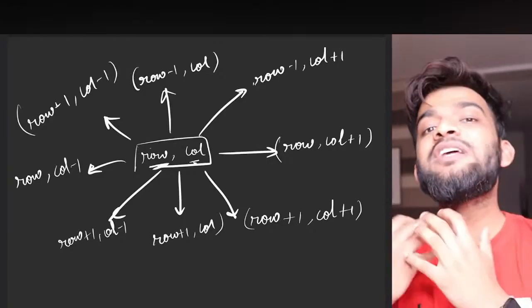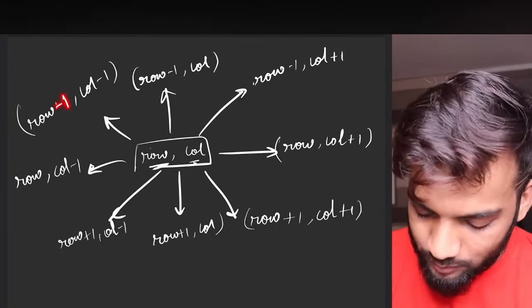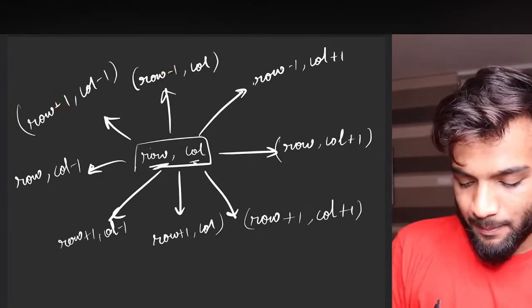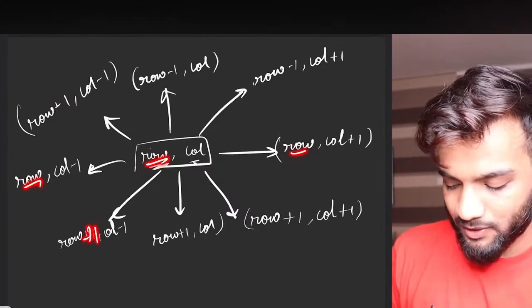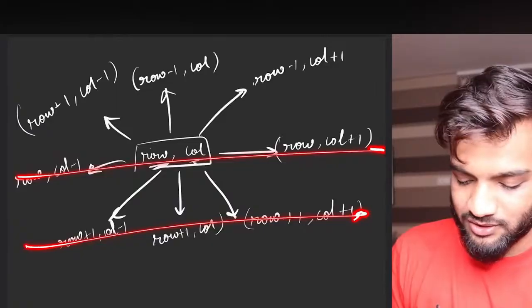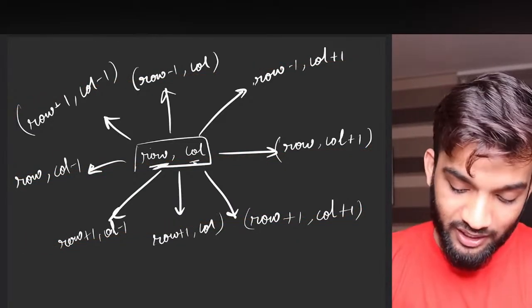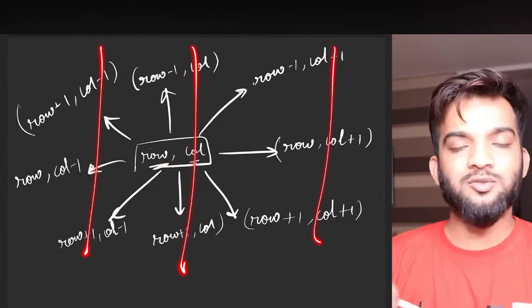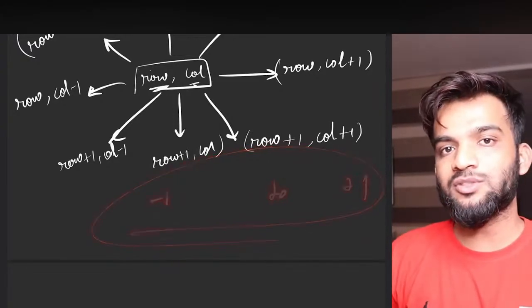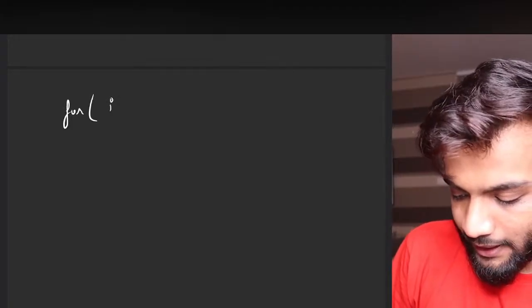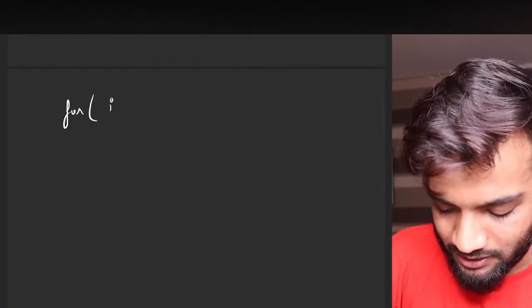Perfect. So if you carefully see, how is row varying? It's either row minus 1, or row, or row plus 1. This portion is row plus 1, this is row, and this is row minus 1. How is column varying? This is column minus 1 and column plus 1. So everything is varying from minus 1 to plus 1 in both row and column. So what you'll do is, you'll run a couple of loops, and you can call it delta row.